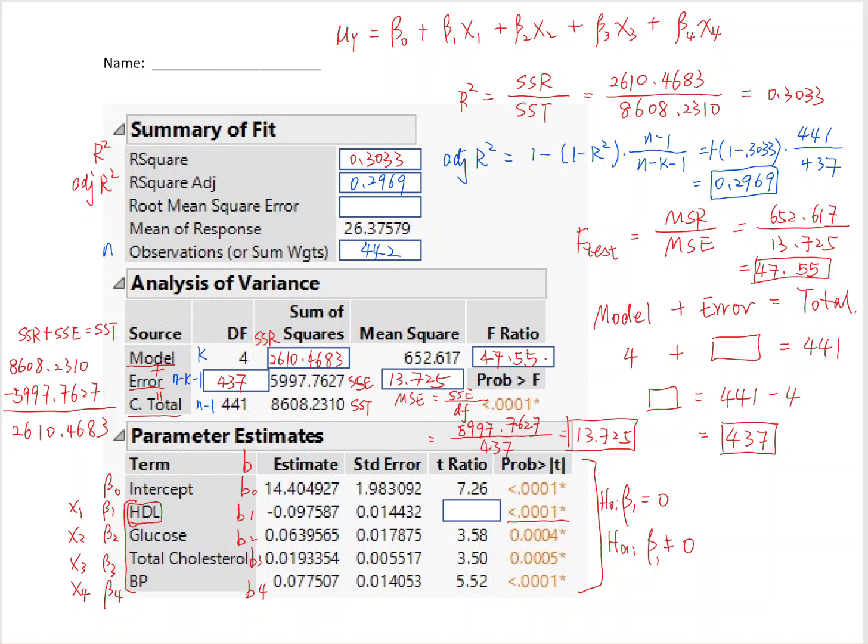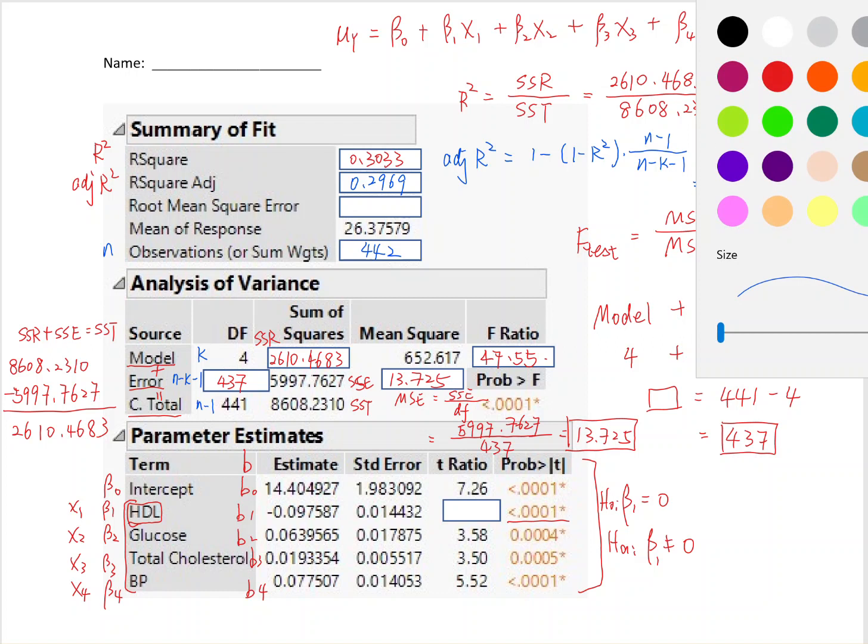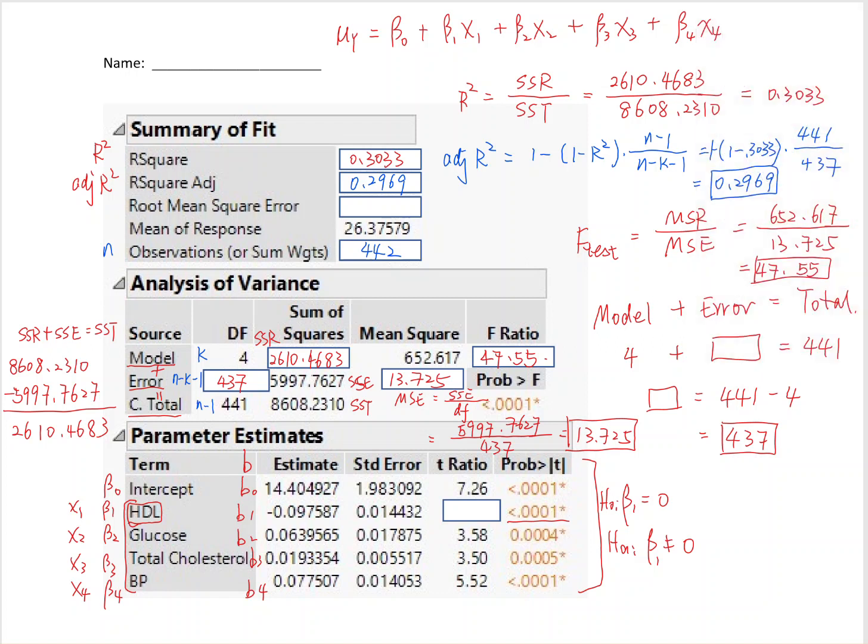All right, so we have one more blank, right? Which is the root mean square error. So what is the root mean square error? First, it is SE, right? Okay, so what is SE? SE is the standard deviation of the residual.